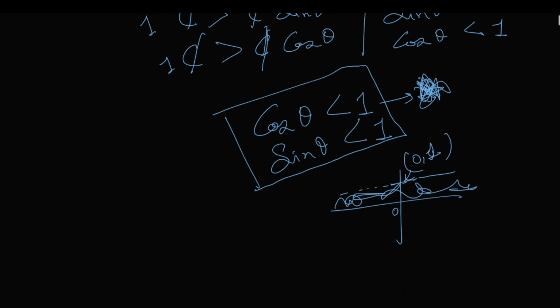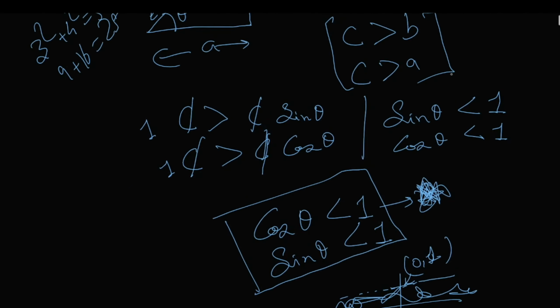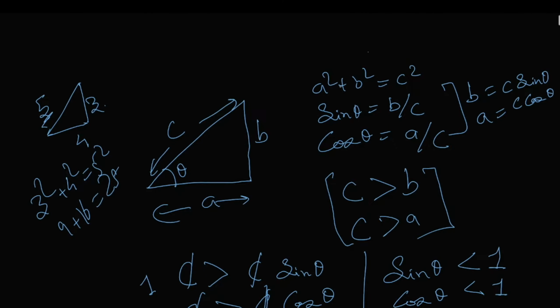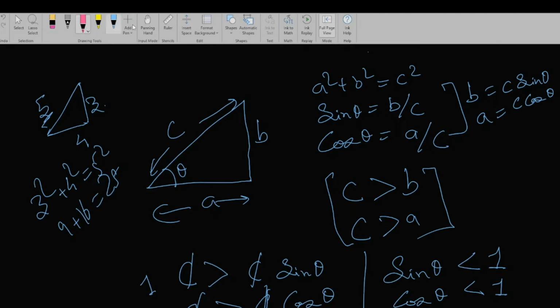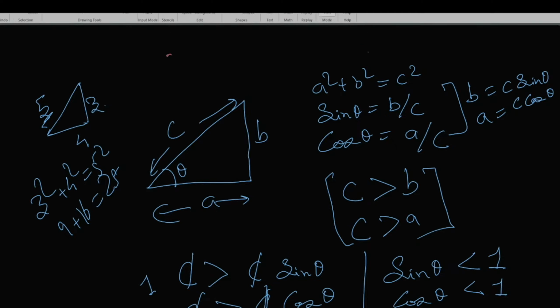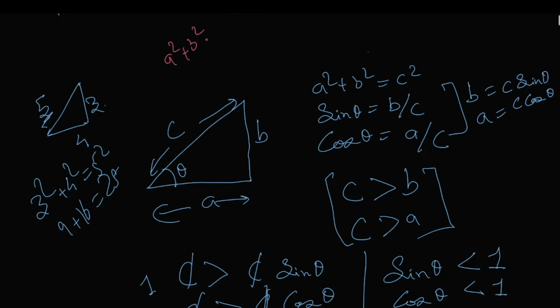So we also know, from this triangle, a square plus b square is equal to c square. Now if I take this equation again, a square plus b square is equal to c square.